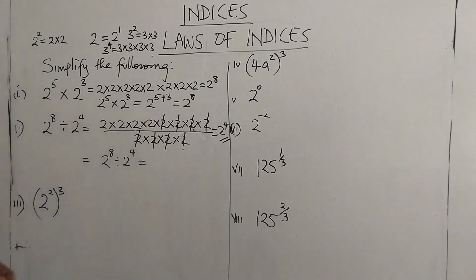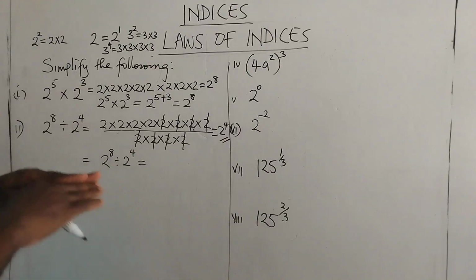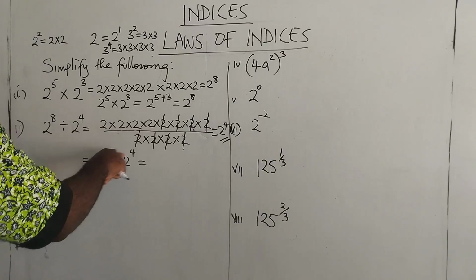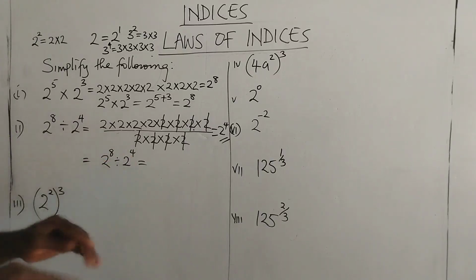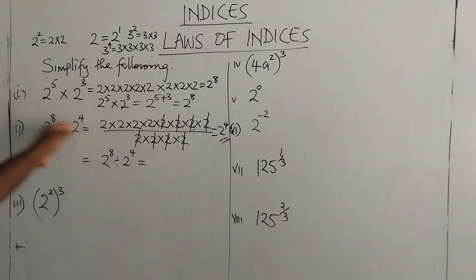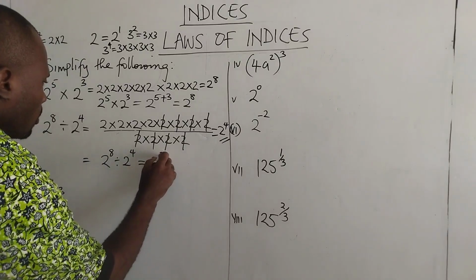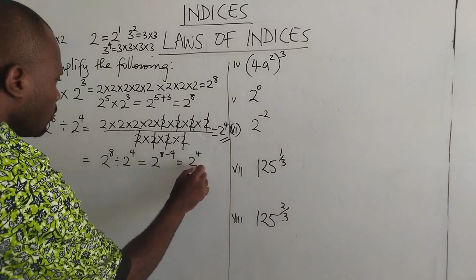The division law is saying that provided the two numbers that are dividing are the same, just subtract their powers. As long as the two numbers are the same, subtract their powers. So this will now give us 2 raised to power 8 minus 4, and that will give you 2 raised to power 4.